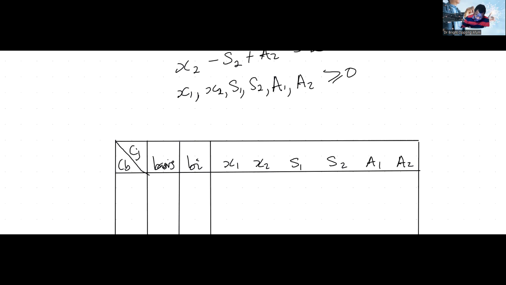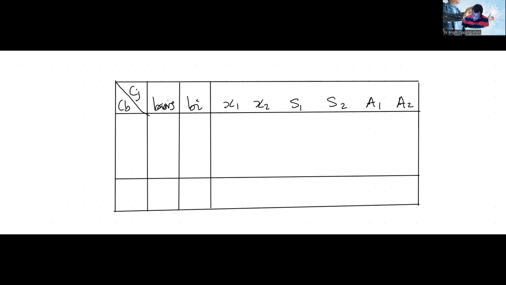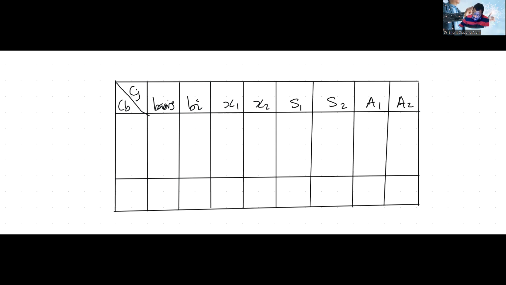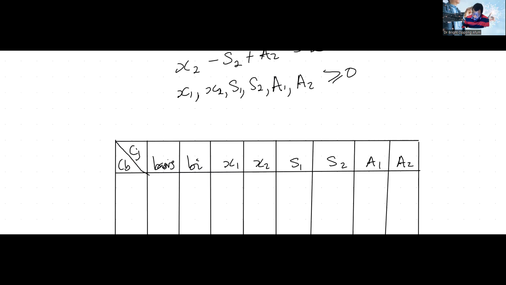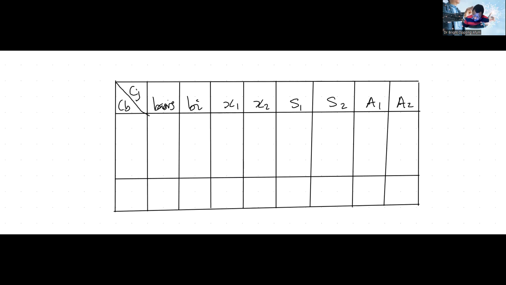All right. Okay. So for the objective function, we have 20, 10, 0, 0, negative M, negative M, right?